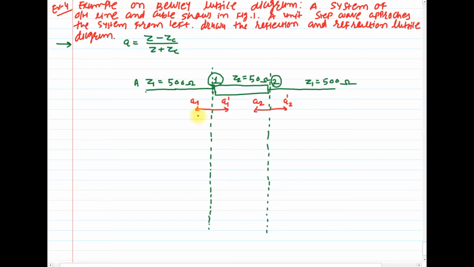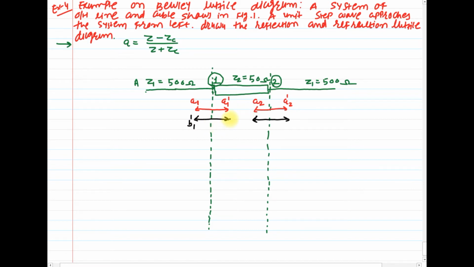Next, similarly for the refraction coefficient I will use the black color. Clear? And in the same way we can consider the values. Just for understanding, I will consider the dash sign across, as we have considered in our theory portion. From junction 1, if the wave is refracted at the left hand side, then I will multiply with the refraction coefficient b1 dash.